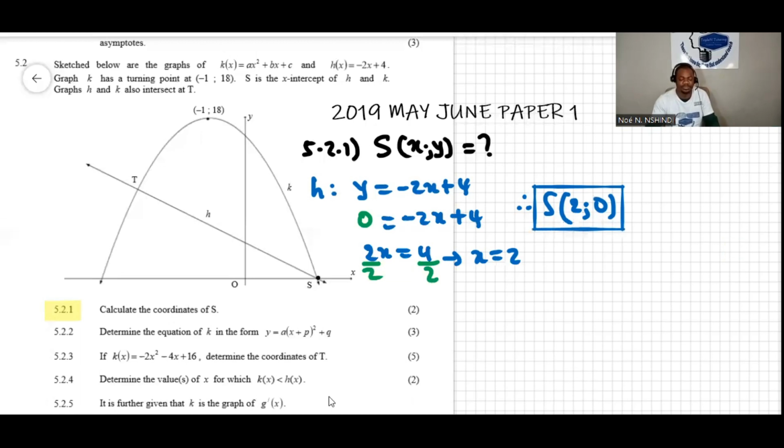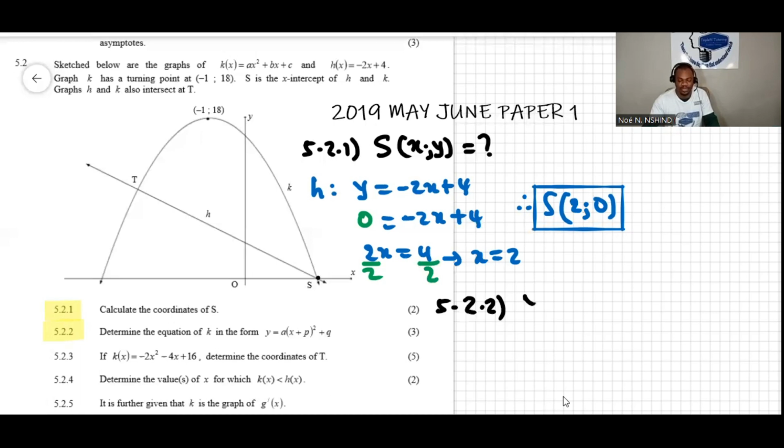Now that was 5.2.1. Now we're going to do 5.2.2. The question says determine the equation of K in the form y equal to a(x plus p)^2 plus q. I'm going to write the question here, 5.2.2.